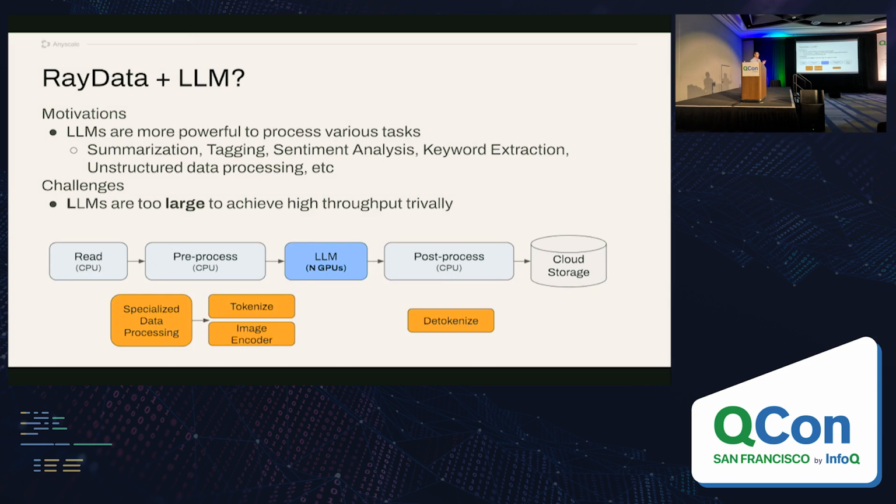So here is one possibility for your data pipeline with a large language model. In the data pre-processing stage, you'll not just do the data processing in the way you like, you also need to tokenize your input data, and you probably also need to encode your image if your data has an image input. This is because a large language model doesn't really take text and images directly as input.